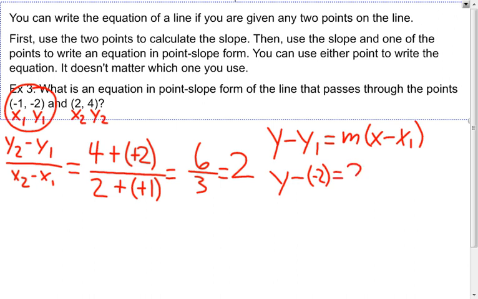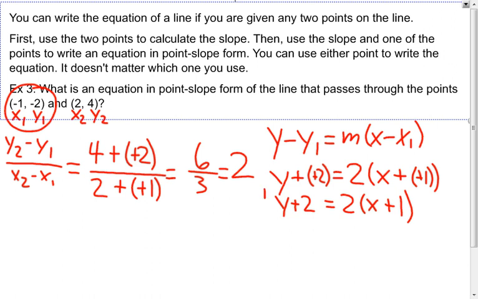Slope was 2. X minus the x value, which was negative 1. Now I need to clean that up a little bit, do a little algebra. Those turn into pluses, so I get y plus 2. These turn into pluses, so I get x plus 1. That's one of my possible answers.